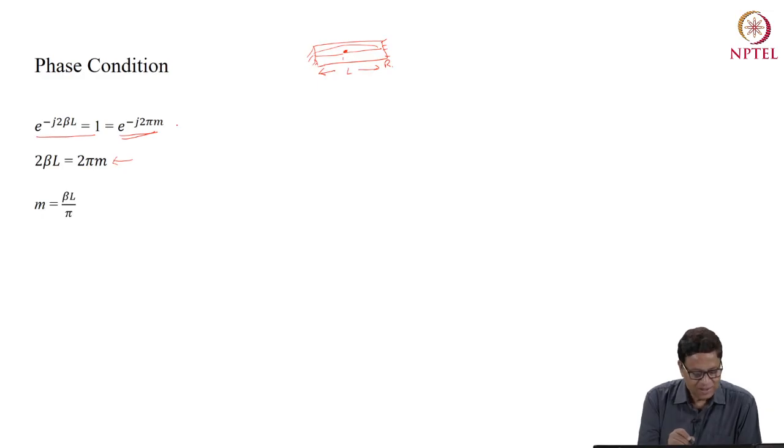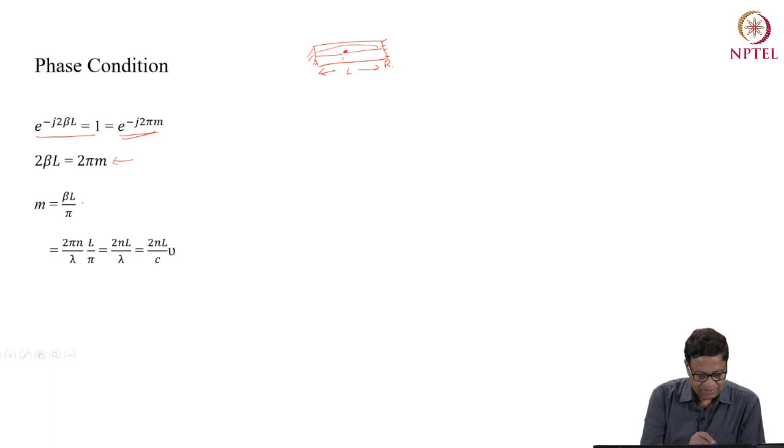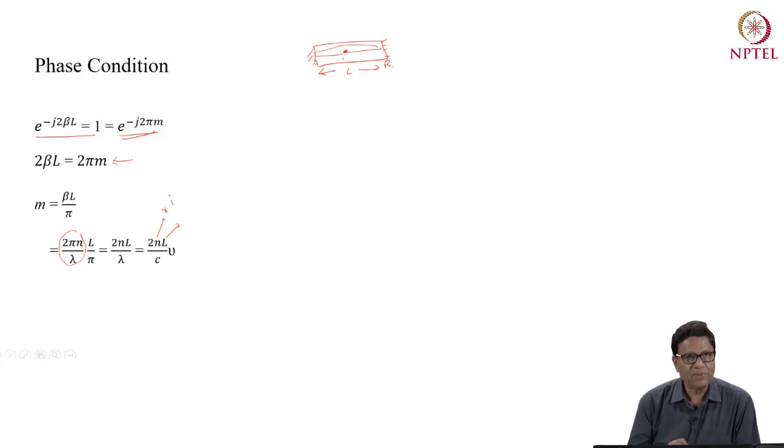I can write this a little more in frequency form. Beta is 2 pi n by lambda, so m is beta L by pi. If you simplify, you get 2nL divided by c into nu, where L is the cavity length, n is the refractive index and nu is the frequency.